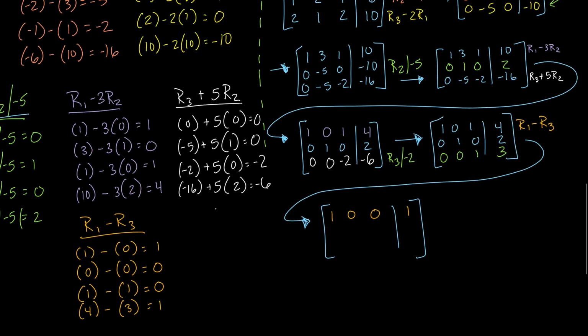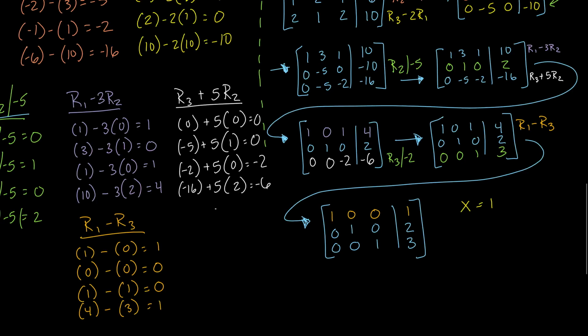And then the other two rows remain the same, so I'm just going to copy them down. And there we have it. We have now created the identity matrix over here on this left-hand side. And how this is read is, this first one represents x, so x is equal to 1.